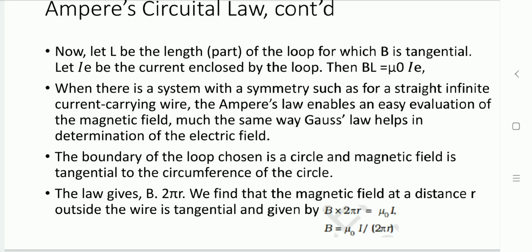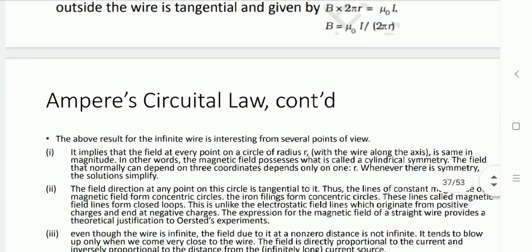So it gives B into 2 pi r, the circumference of the circle with magnetic field B. We have B into 2 pi r equal to mu 0 into I, where r is the distance outside the wire. So B is equal to mu 0 I upon 2 pi r.